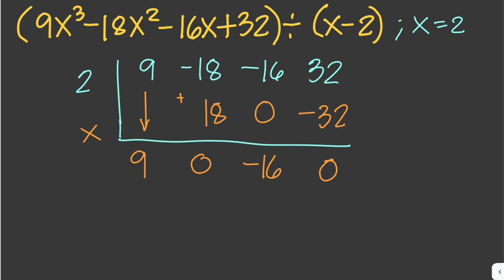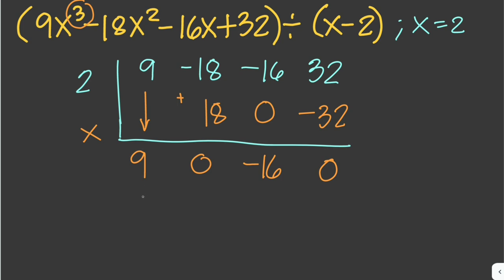And again, take note that the degree of the quotient is 1 less than that of the dividend. Our dividend here has a degree of 3, therefore the degree of the quotient is 3 minus 1, which is equal to 2.